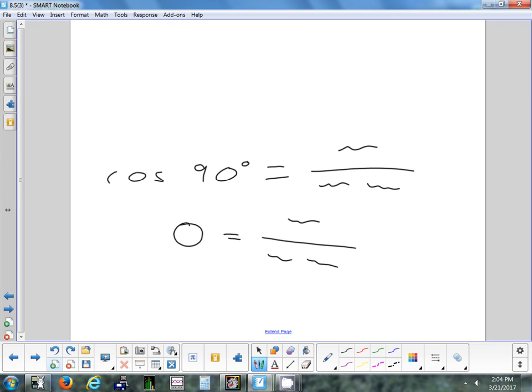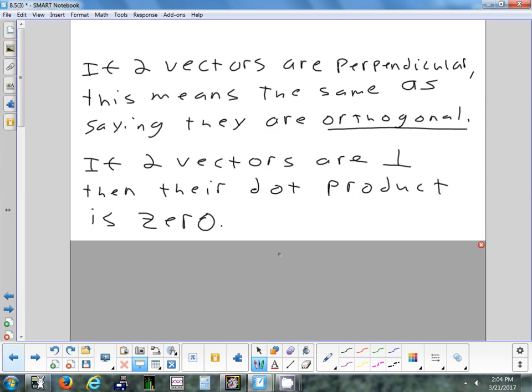0 on the bottom, right? No, if you have 0 on the bottom, that's undefined. Oh, 0 on the top. The only way a fraction can ever come out to 0 is if you have a 0 on the top. And remind me again, what's in the top of the formula right here? The dot product. So the shortcut to figuring out if two vectors are perpendicular, all that has to happen is the dot product is 0.